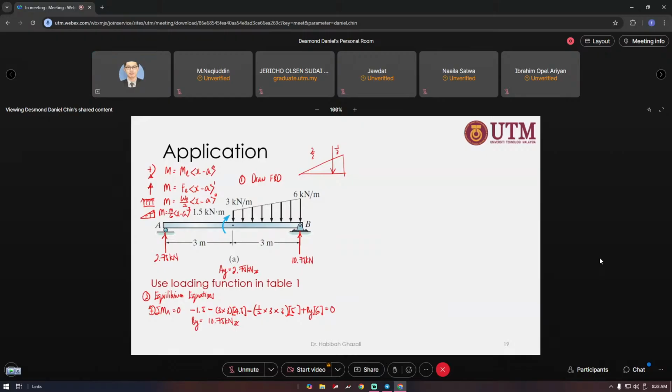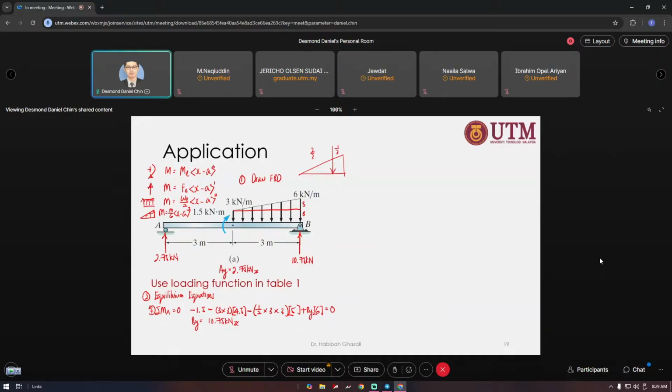So, if I want to apply Macaulay's function, this is how you apply it. I need to split this into two. So this is 3, this is 3, the height. So you know that in C7L1, in order for you to develop the moment equations, you have to see how many sections. That's number one.